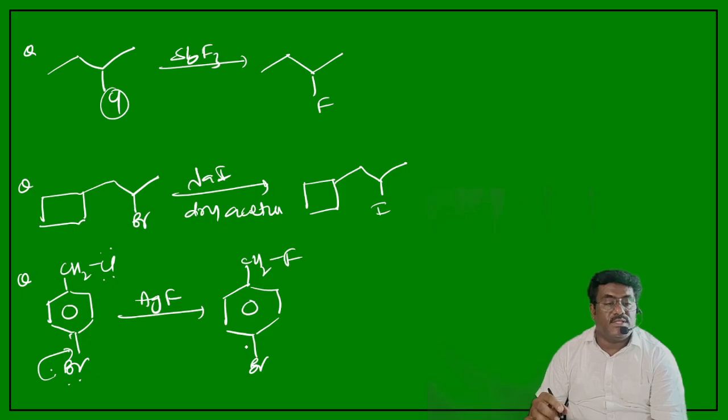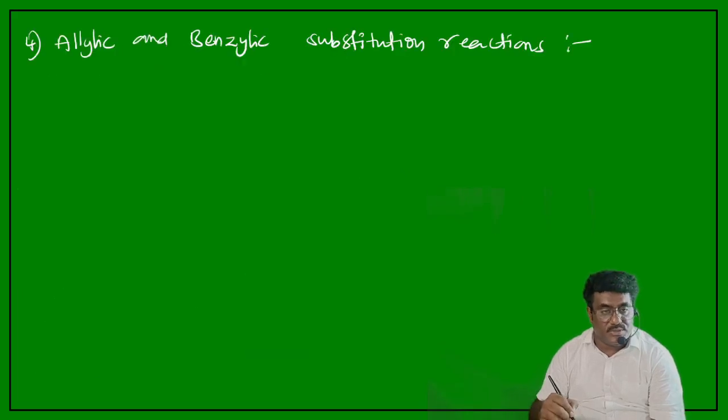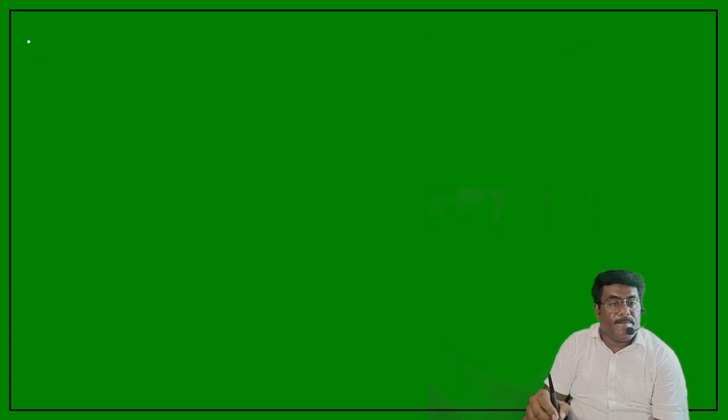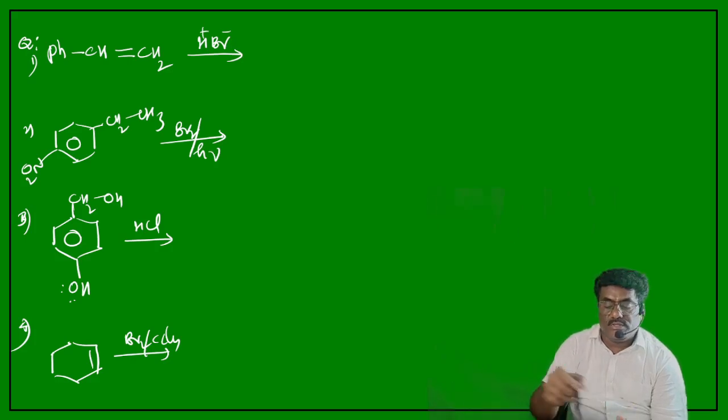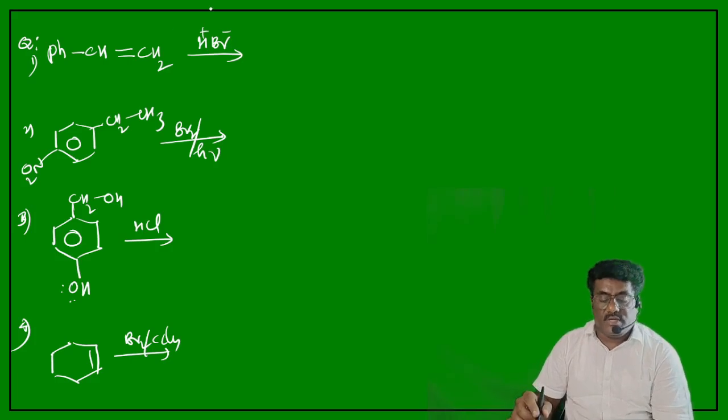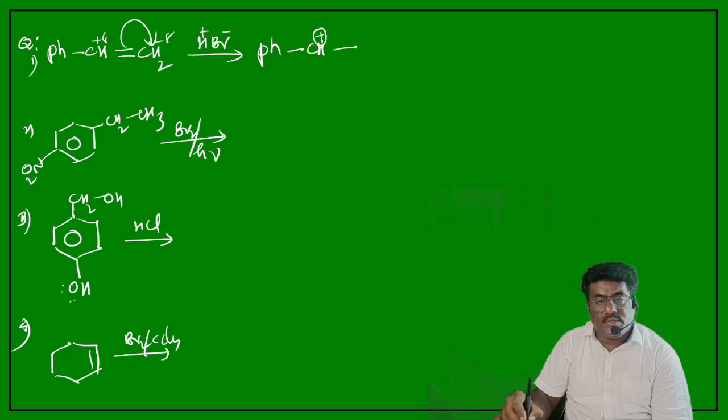Have a look at the next question. In the presence of hydrogen bromide, the pi bond is shifted, giving a partial positive charge here and a partial negative charge here.